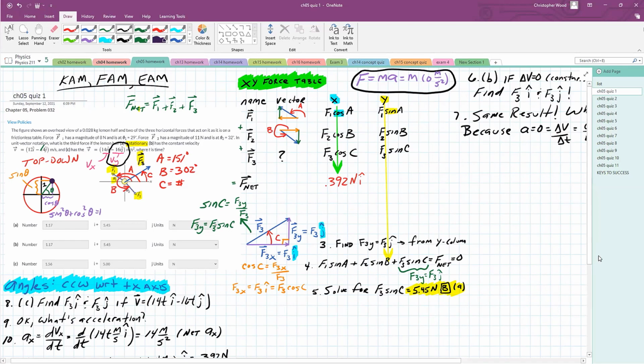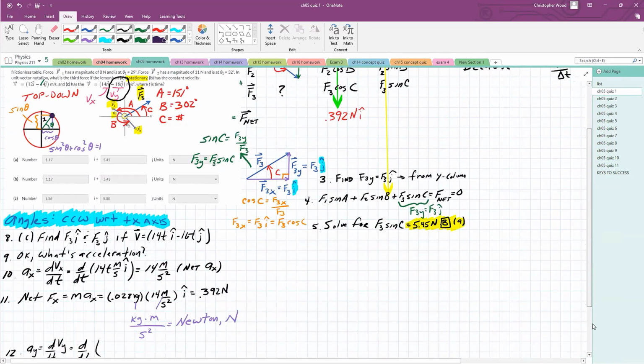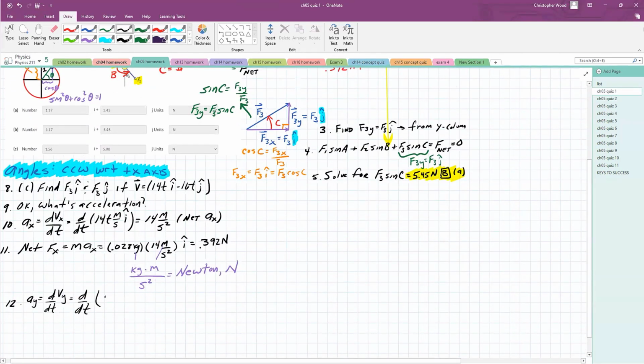If I take the derivative of that, it's just going to be negative 16 meters per second squared.